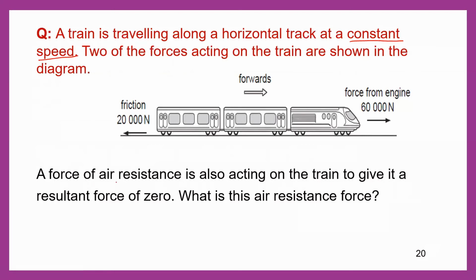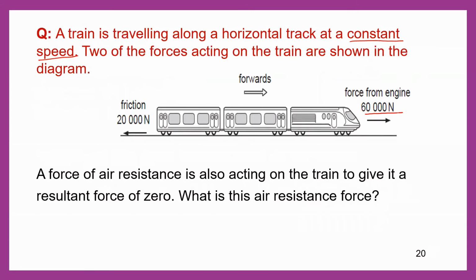A force of air resistance is also acting on the train to give it a resultant force of 0. What is the air resistance force? So we have to calculate the air resistance force. The force from the engine is 60,000 newtons, and the force of friction that is acting is 20,000 newtons.